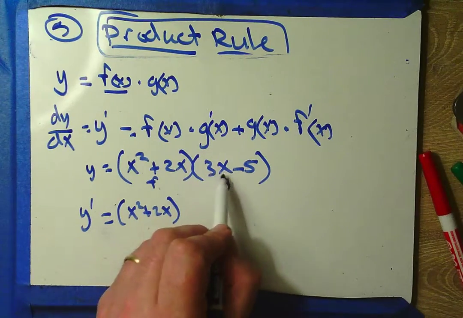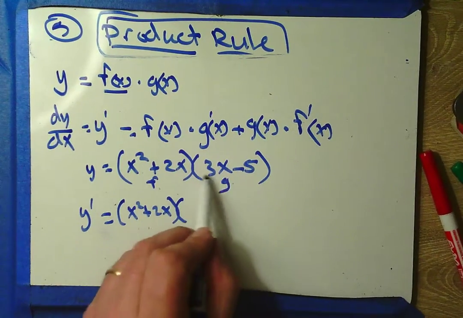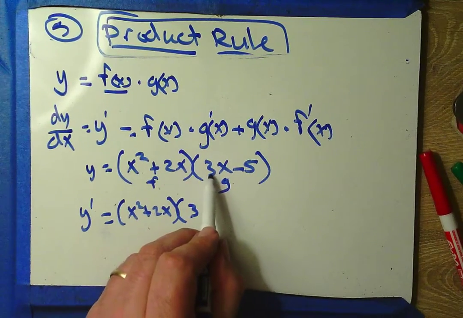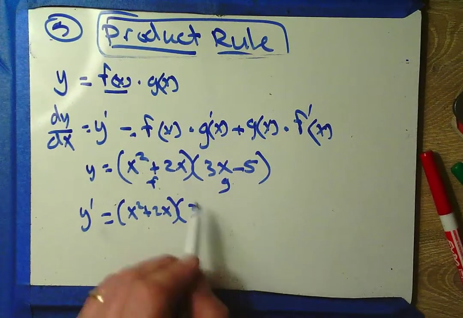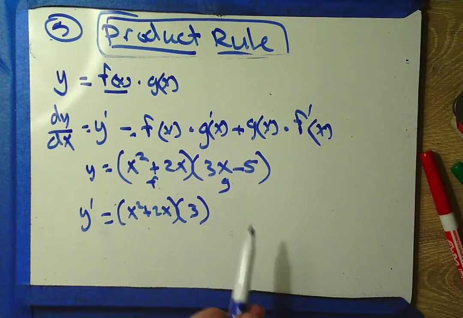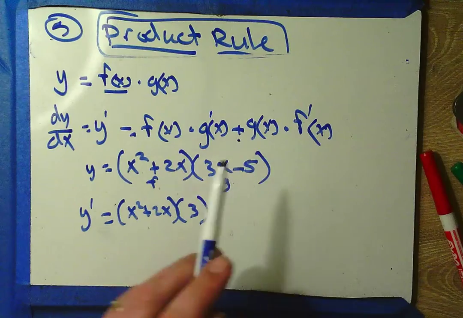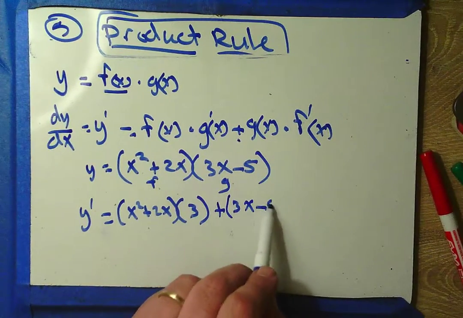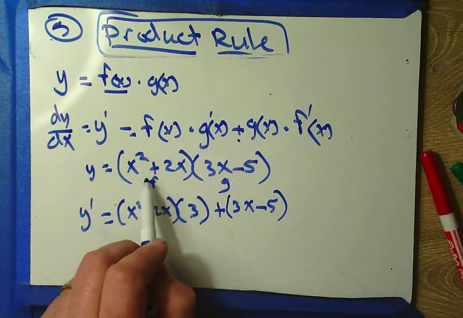The derivative of 3x is 3. We know the slope of a linear function is that slope number there, and the derivative of a constant is 0, so the derivative of 3x minus 5 is 3. Then, don't forget, plus this 3x minus 5 times the derivative of this.